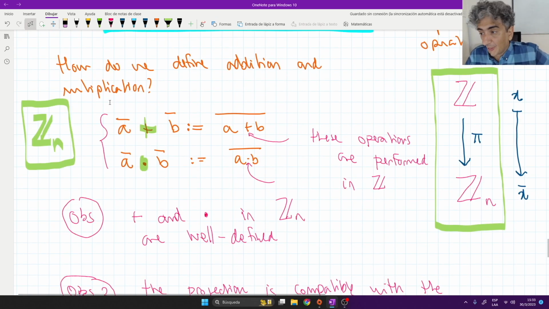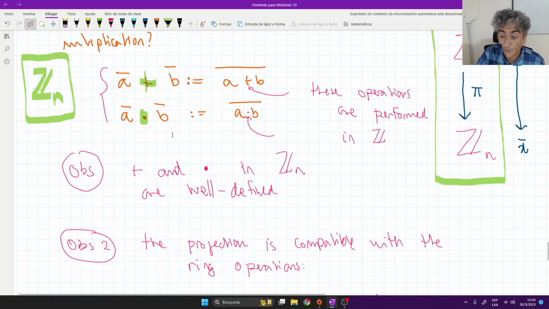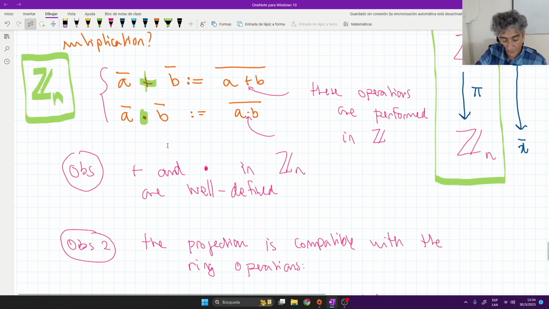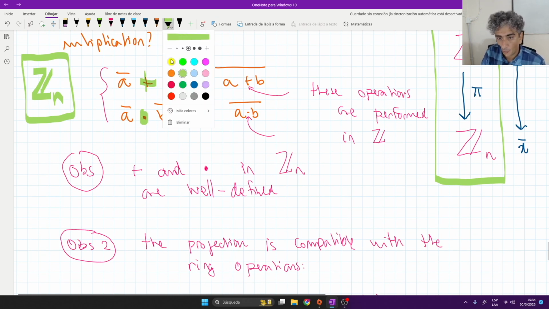So we are sending a ring, that's Z, the original one, and we're cramming it into a very small place that is also a ring because of these definitions and its well-definedness, basically. This is a very easy thing to prove, and we can leave this for the viewer.